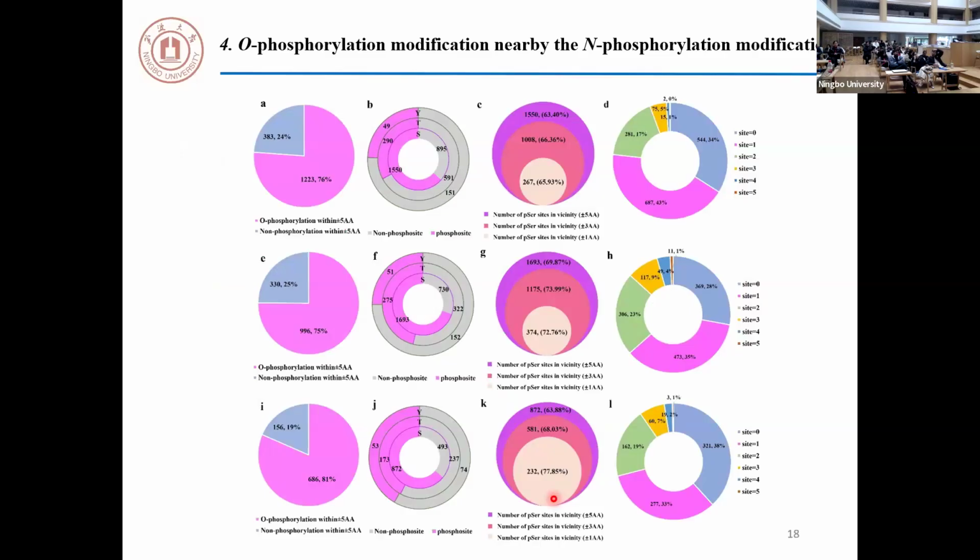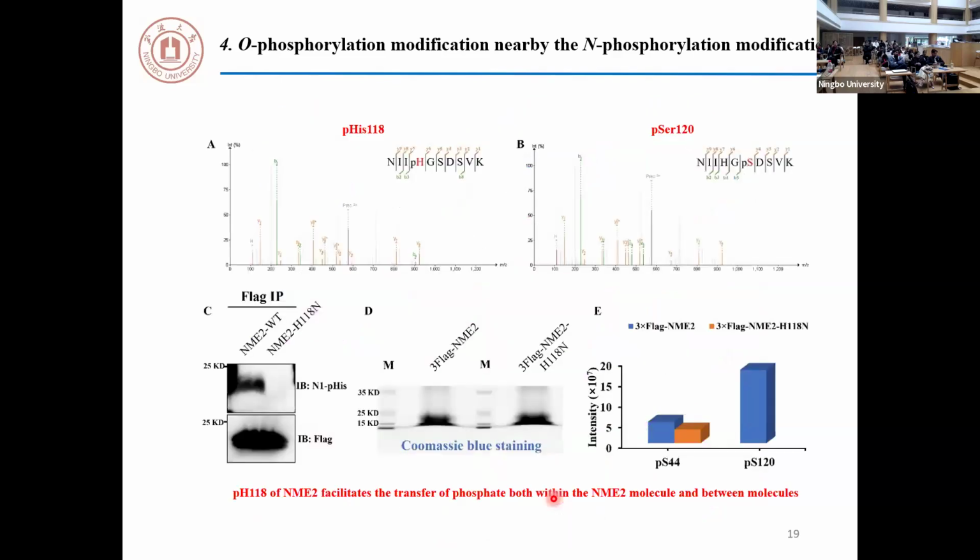So we guess there may exist some crosstalk between oxygen phosphorylation and nitrogen phosphorylation. In our study, we further verified that the histidine phosphorylation of the NME2 protein at site 180 facilitates the transport of phosphoryl groups within the NME protein and between NME proteins.